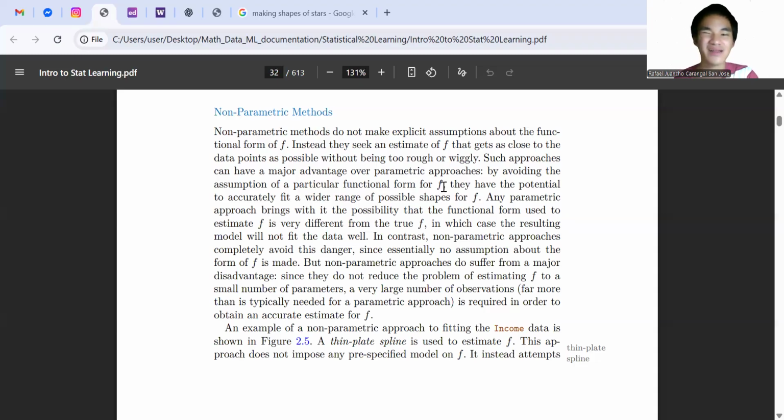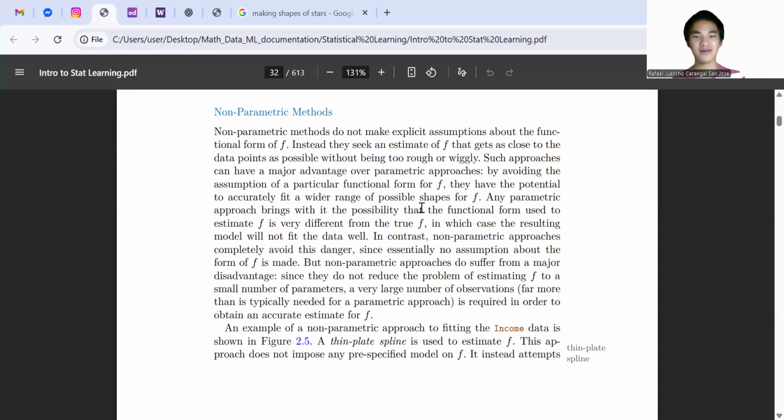What exactly does that mean? We'll get to it in a bit. Such approaches can have a major advantage over parametric approaches. By avoiding assuming a shape of the data, there's a potential to accurately fit a wider range of possible shapes.